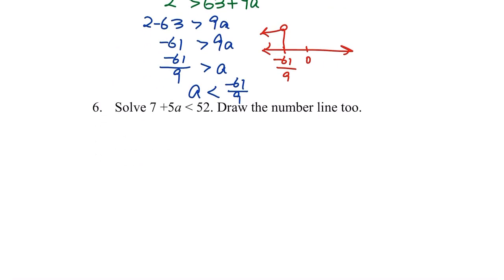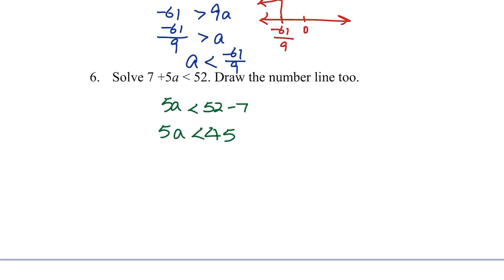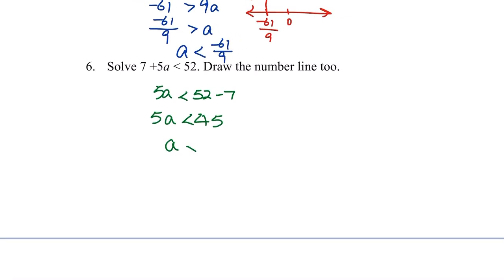This one, the unknown, is it positive or is it negative? It's already positive, so do I need to switch the place? No, so just keep writing there and the numbers go to the other side. 52 minus 7, what do you get here? You may get 45. And then you don't need that 5, so you will divide on the other side. 45 divided by 5, you can have 9.